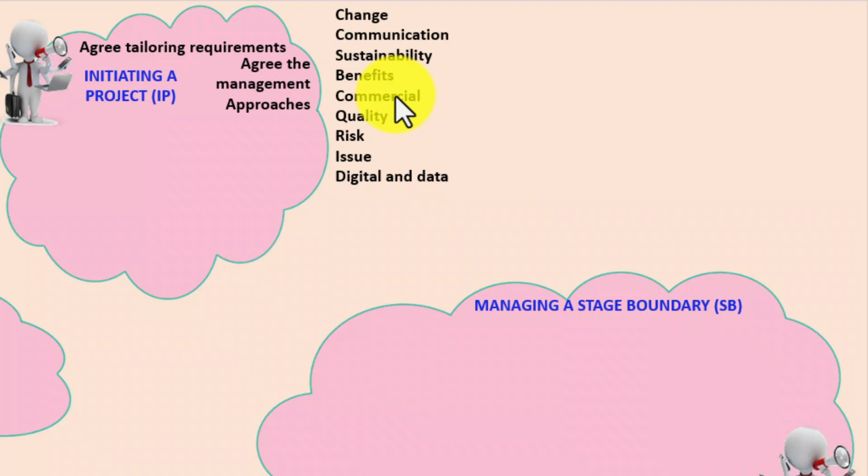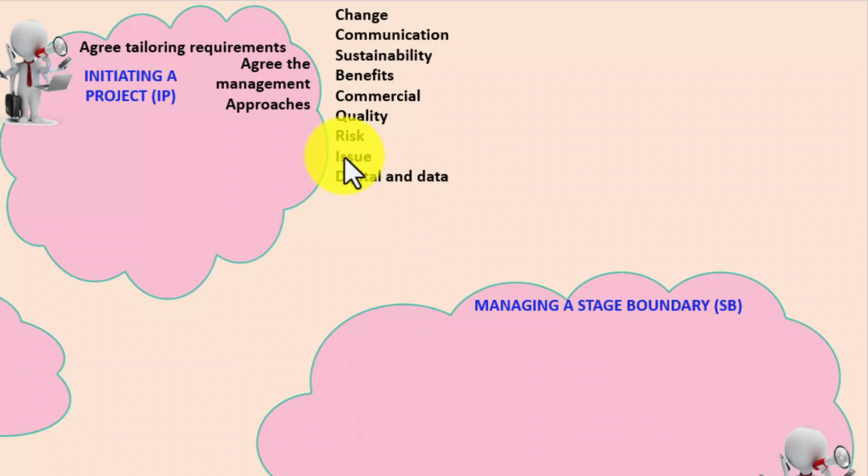And as you might expect, this will cover the approach to secure, service and maintain all commercial agreements required for the project to be a success. Then you have the quality management approach, describing exactly how you will approach quality. Then similarly, you have the risk management approach and issue management approach.